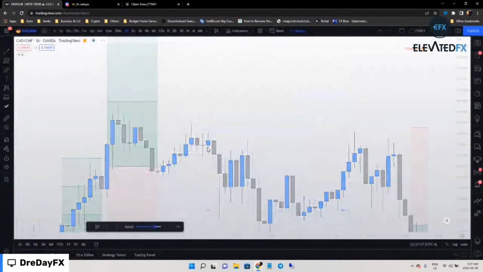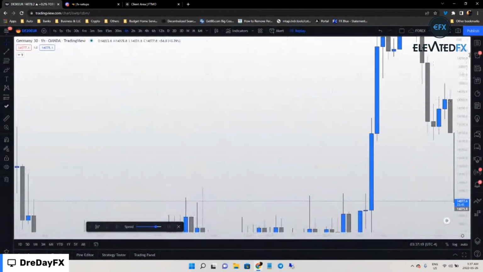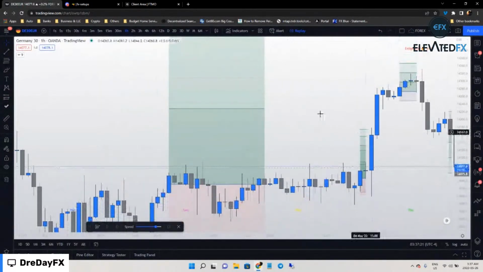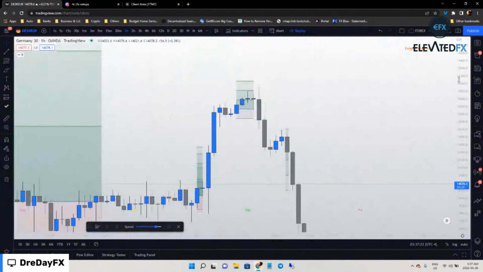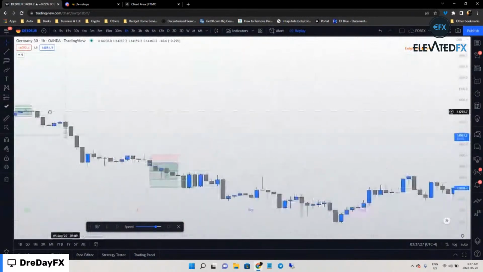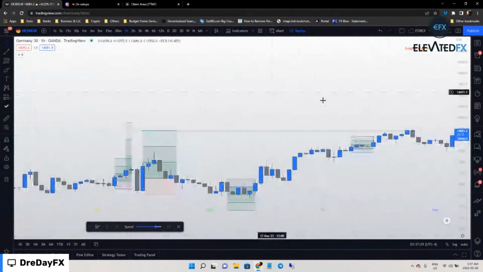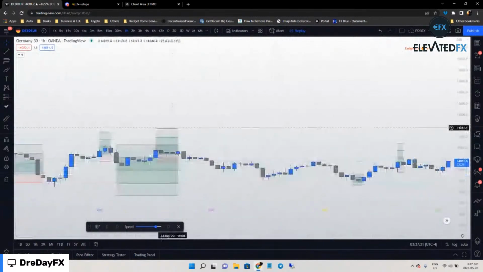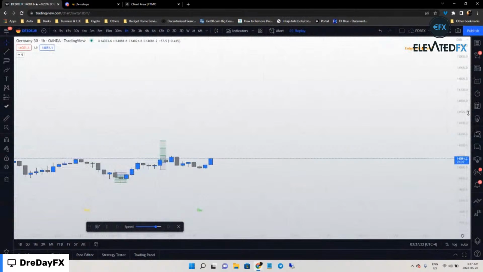I usually trade it on my phone. So as you can see, it does work on any indices here. So let's go back. Let's go in front.